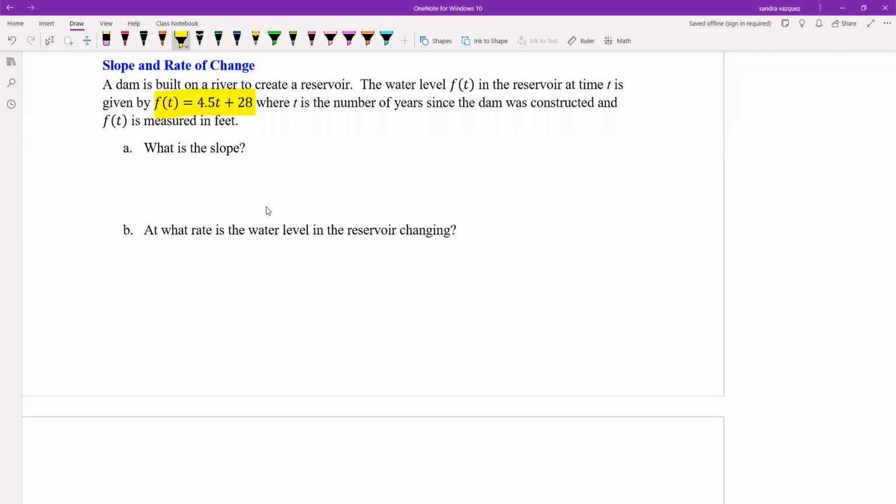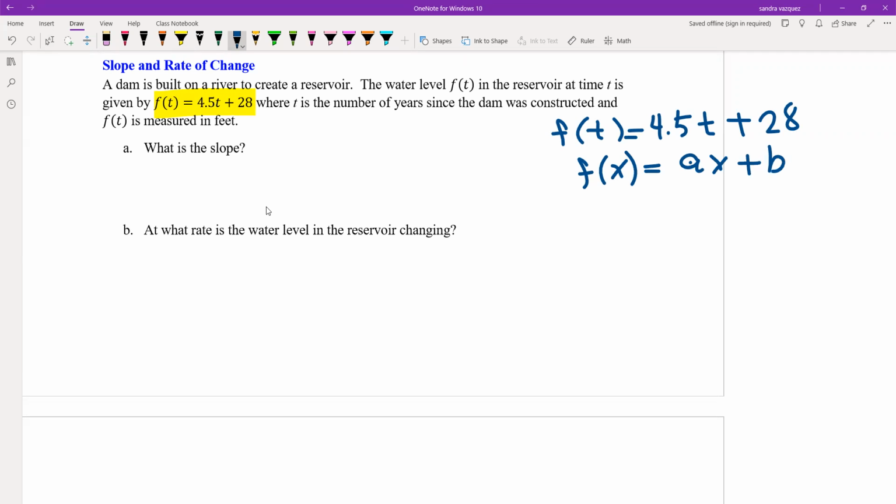When I compare this formula, 4.5t plus 28, to what was given before, f of x equals ax plus b, I can see that the slope is a, so the slope is 4.5.